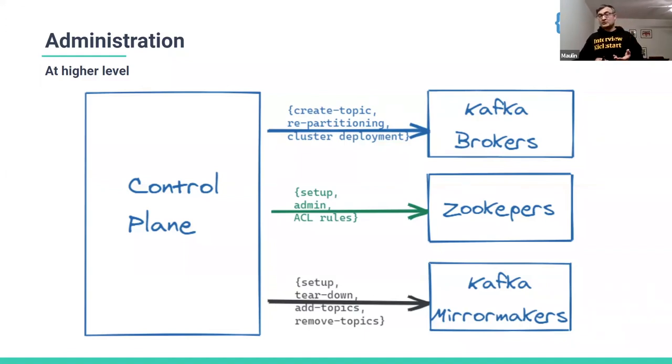You need to be able to set up the security and access control rules in ZooKeeper, as per the current implementation of the ACLs in Kafka. You want to manage your mirroring capacity as well as the configuration, like in which set of mirror makers you add what topics to get mirrored, and whether you need more mirroring capacity, because remember, if mirroring doesn't have high throughput and low latency, it's going to be a challenge.